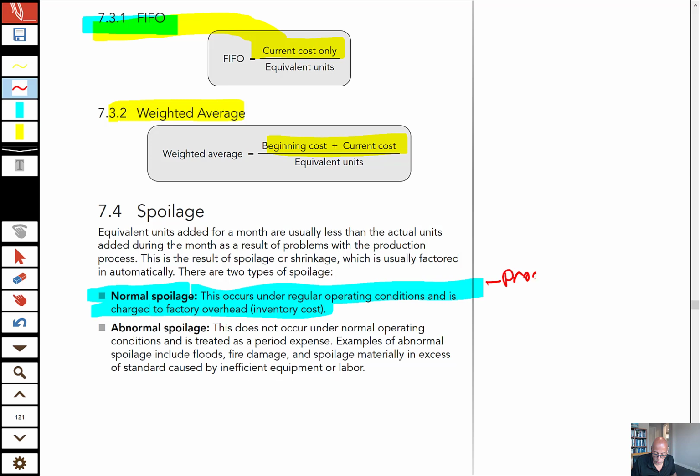It just flows through our cost determinations as we've been going on. So we just dump whatever the cost was of those spoiled goods through work in process and finished goods and into our cost of goods sold eventually. Abnormal spoilage, something weird happens, like a flood or fire damage. Those are expensed. They are period expenses. All right, good.